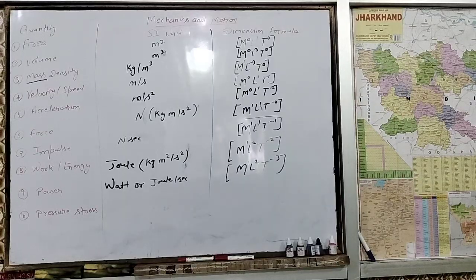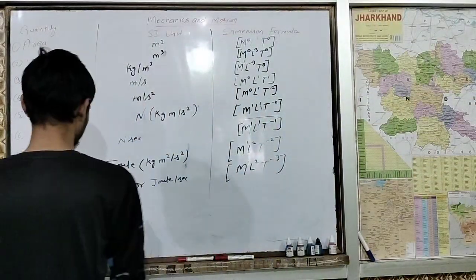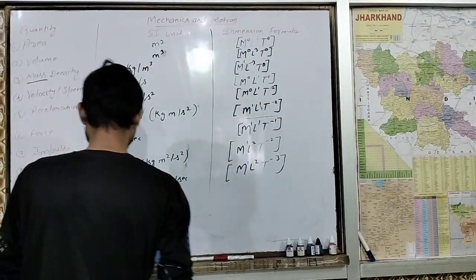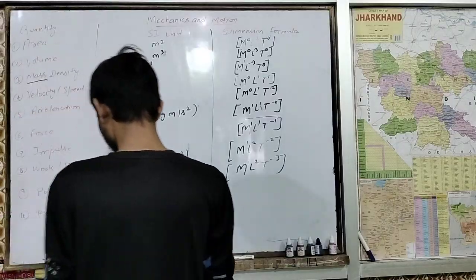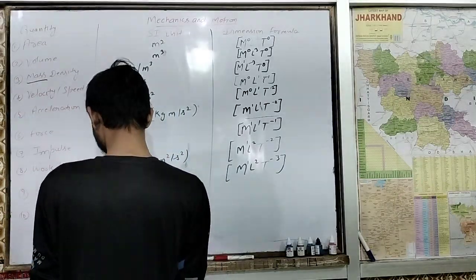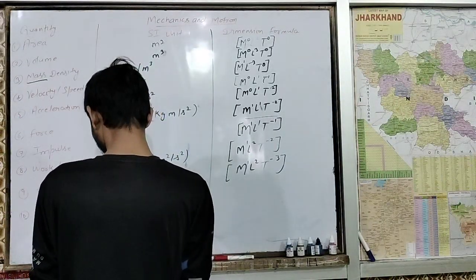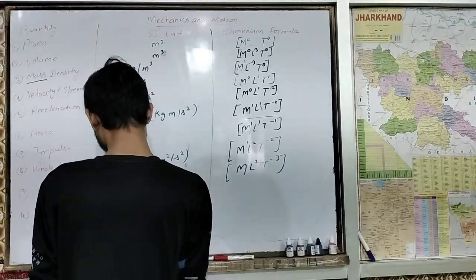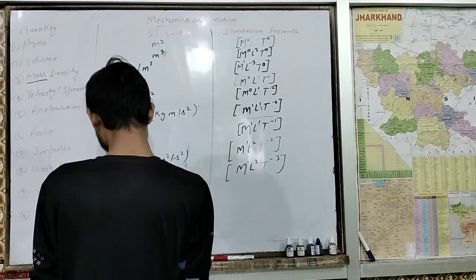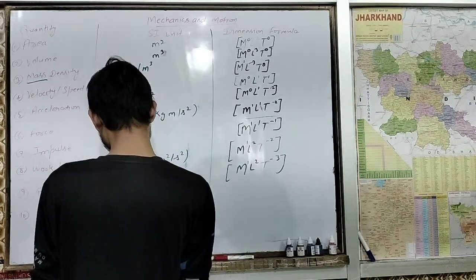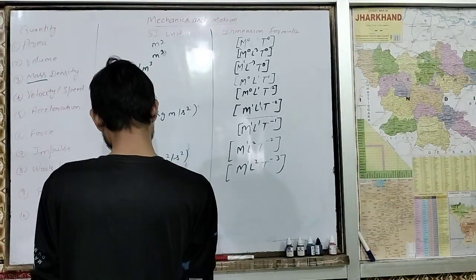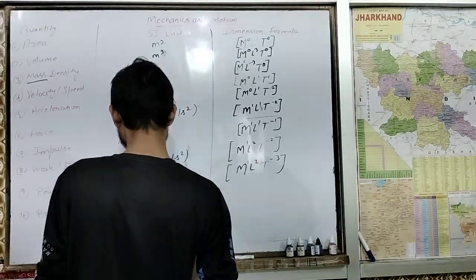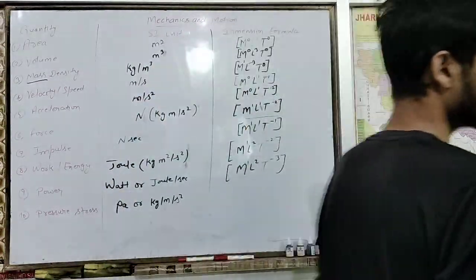Now next we have pressure, stress. What should be the SI unit for this? I think the SI unit for this is Pascal, PA. Or you can say kg per meter per second square.